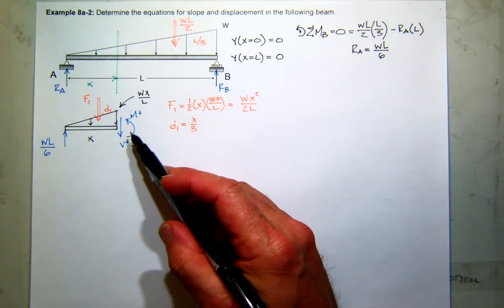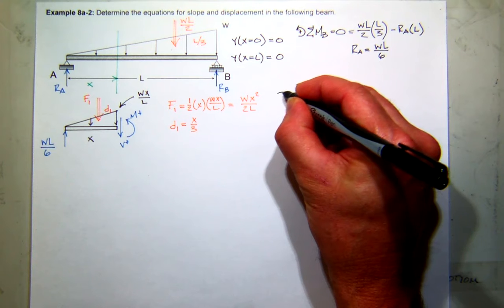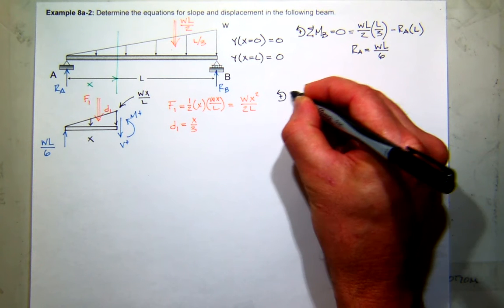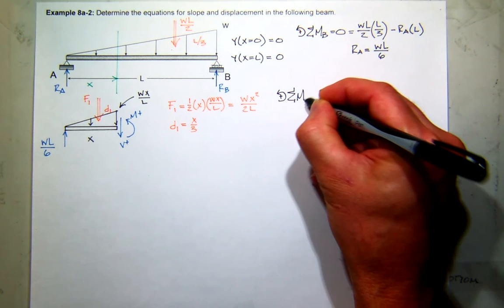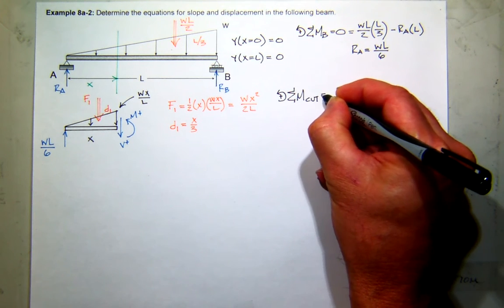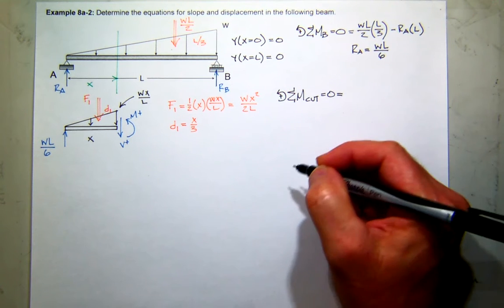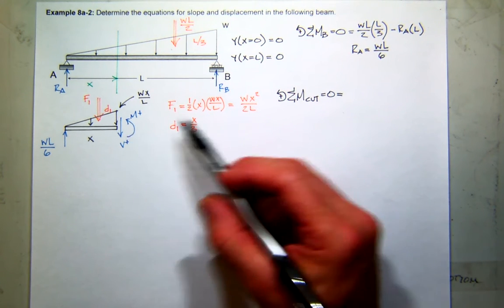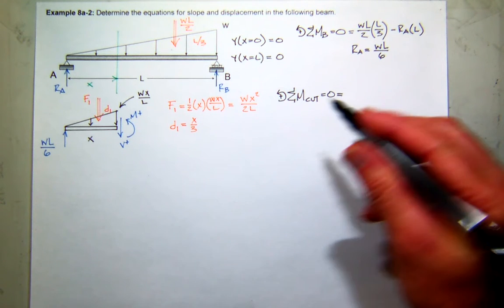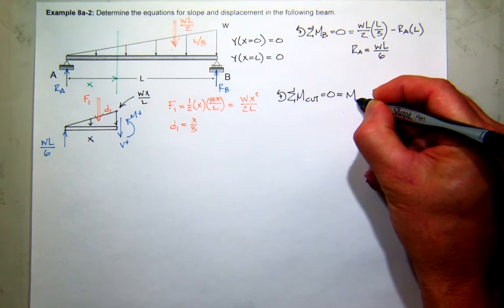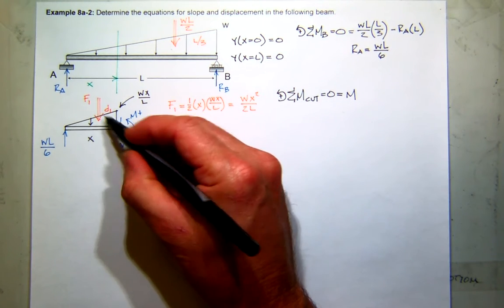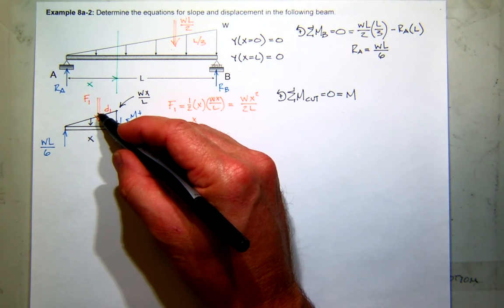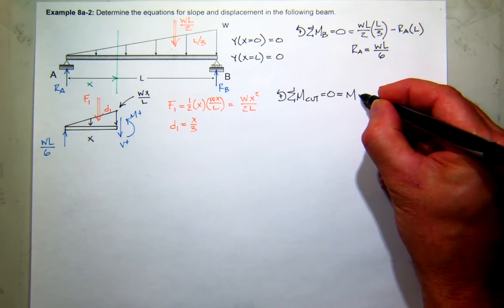So now I'm going to find my internal moment. So I'll come over here and I will sum moments at the cut. Starting at the cut, I have the internal moment, which in my sign convention is positive. About the cut, F1 creates positive moment.